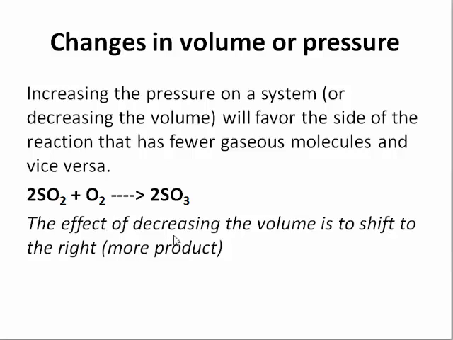Decreasing the volume or increasing the pressure will favor the right-hand side, the one with fewer gaseous molecules. So an increase in pressure produces more product in this case.